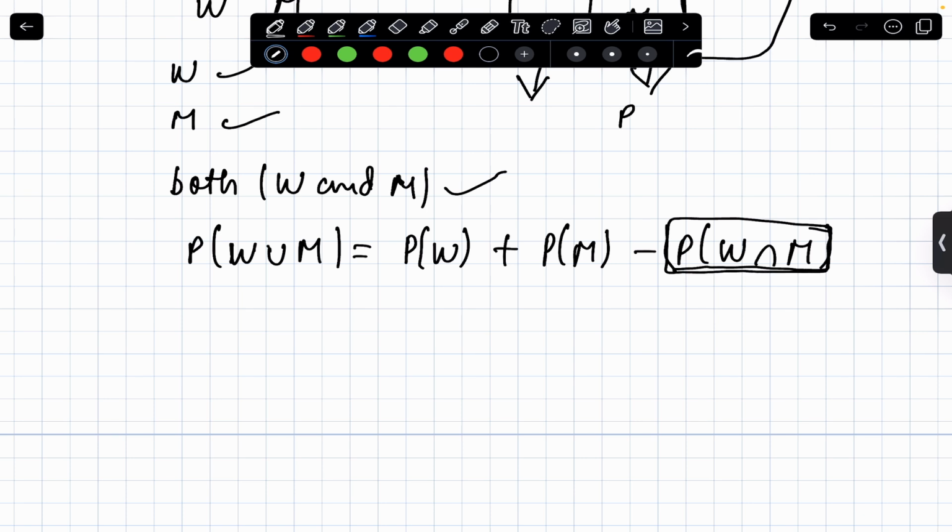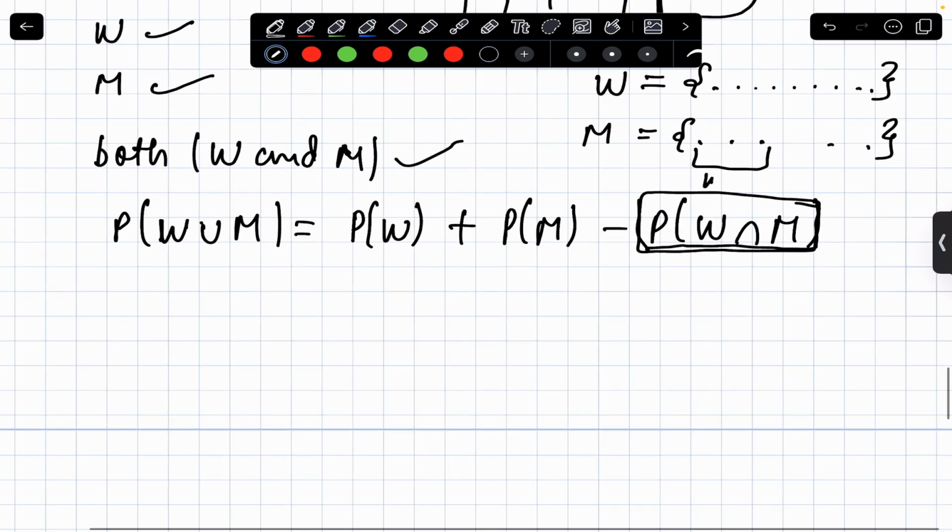Suppose we have the set of women, and being married. In the woman set we have only women, but in being married we have both: women who are married, and men who are also married. So we also need to subtract this, because this condition is also in this. This is also a woman, and here is also a woman who is married.